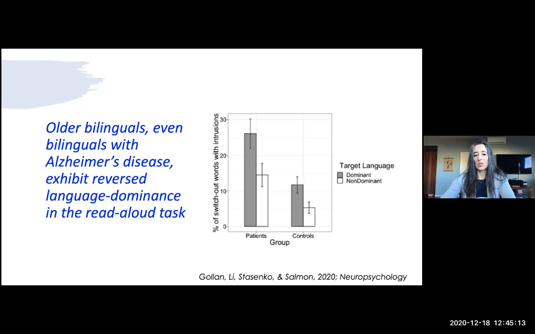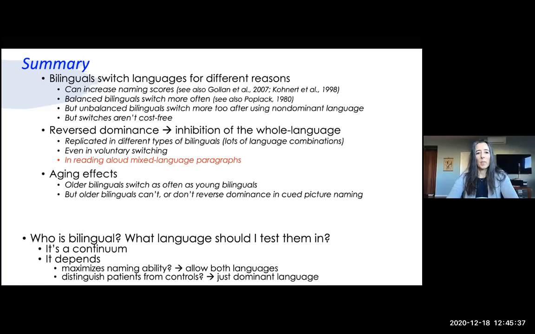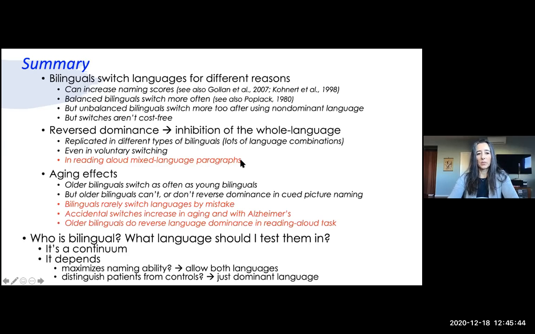So this shows you, the switch rates look much higher because this is the proportion of time that they switch, the percent of time that they switch only on words that are switch out words, the words that I'd highlighted in red. But you see that both the bilinguals with Alzheimer's disease and the controls exhibit this reverse language dominance effect.